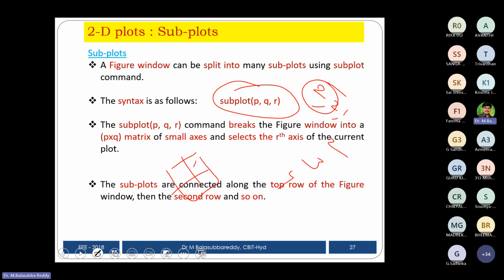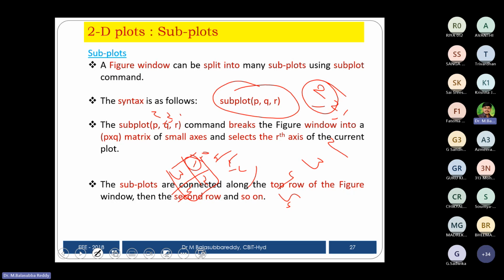Then this is position 1, this is position 2, position 3, position 4. Like that, we can divide your plot. Now suppose one plot is here: what I will write is subplot of 2 comma 2 comma 1 and plot T comma V. Then that plot will be placed here.